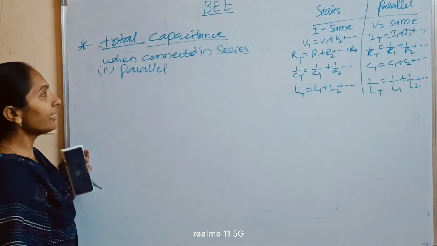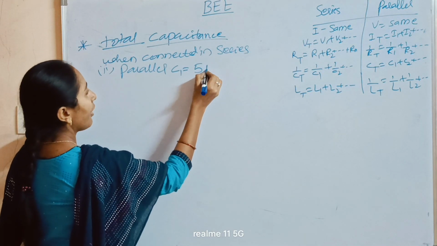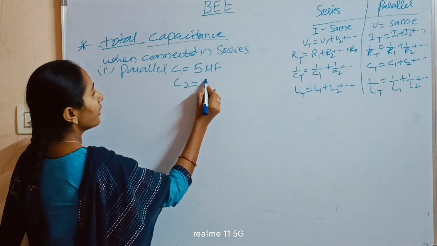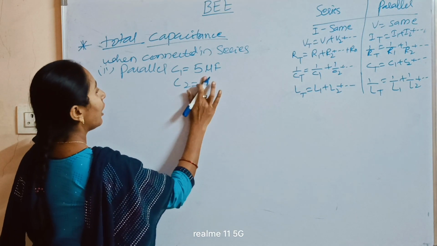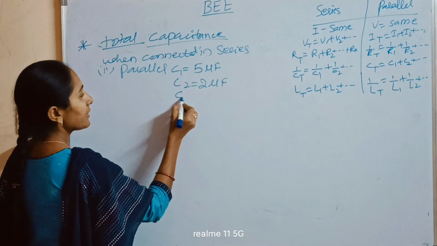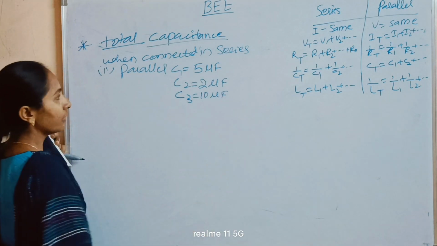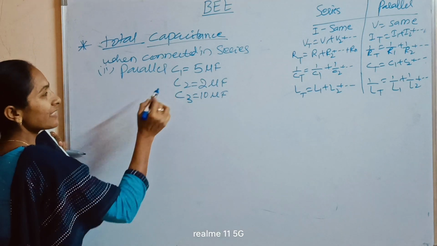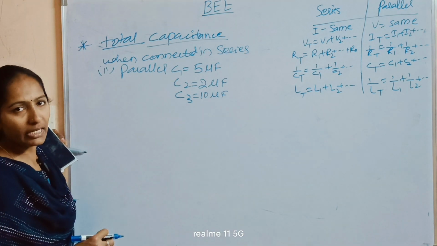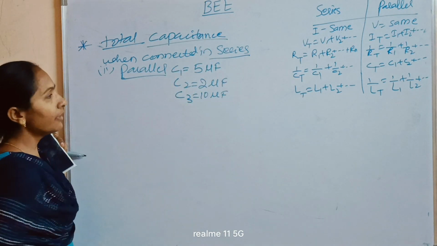Now I am giving the capacitor values: C1 equals 5 microfarad, C2 equals 2 microfarad, and C3 equals 10 microfarad. C1, C2, C3 values I have given. Just find the total capacitance when connected in series as well as in parallel.